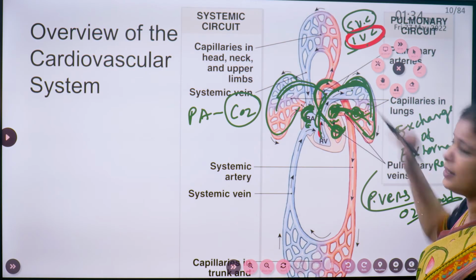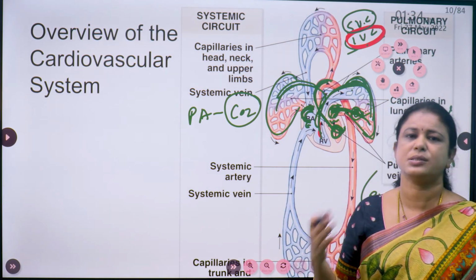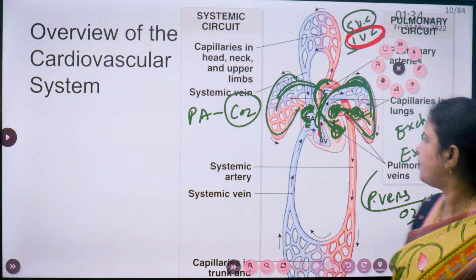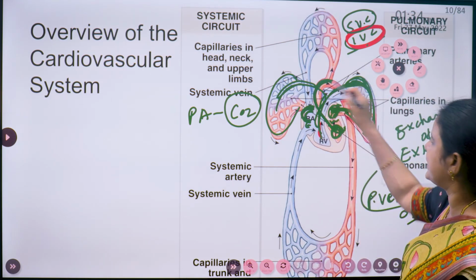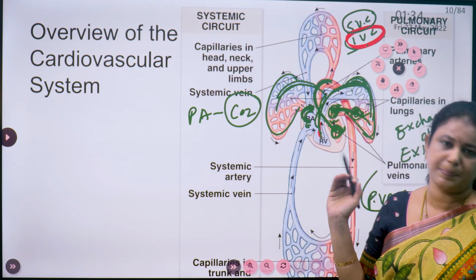The aorta gives many branches to supply the entire body.